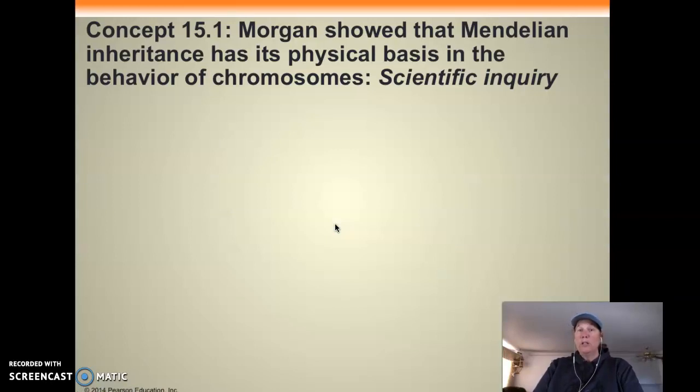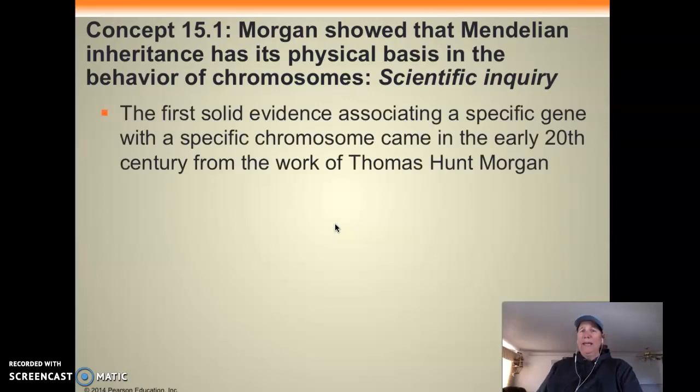So Morgan showed that Mendelian inheritance has a physical basis in the behavior of the chromosomes. This guy's name was Thomas Morgan, and he found more information about chromosomes. He had better equipment and more knowledge, so he came up with a lot more information to add on to Mendel's.